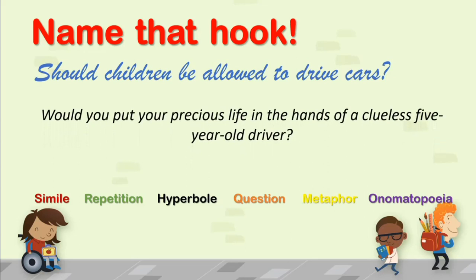Would you put your precious life in the hands of a clueless 5-year-old driver? Choose the answer from the bottom. Is it a simile, repetition, hyperbole, question, metaphor, or an onomatopoeia? If you said that the sentence hook is a question, awesome job.